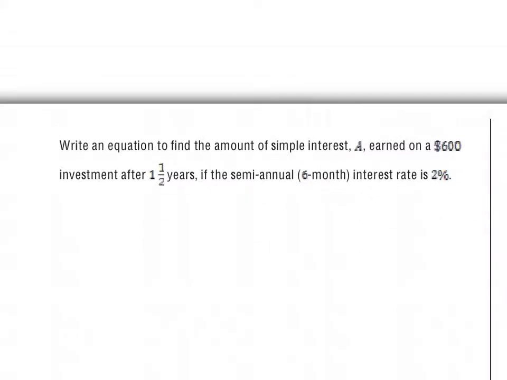So looking at this one, it says to write an equation for the amount of simple interest earned. And what we see here is that it tells me a semi-annual interest rate. So all of our interest rates have been per year, and that's what we really need to have here. So what we want to think about here is if the interest for 6 months is 2%, then what would that be for 1 year?